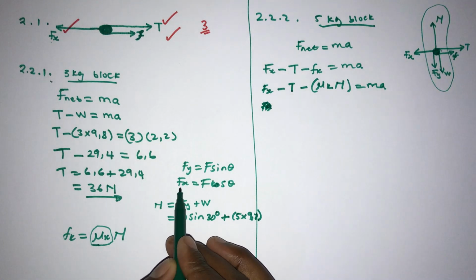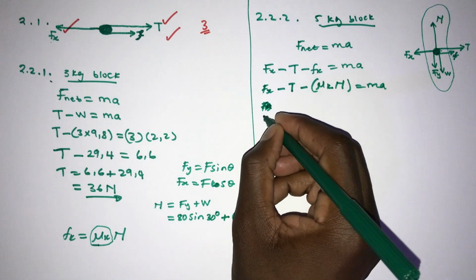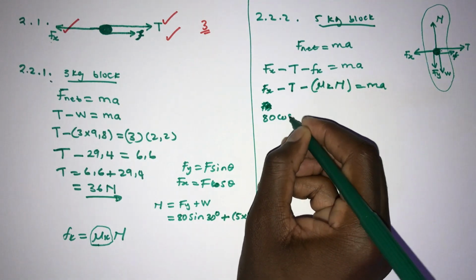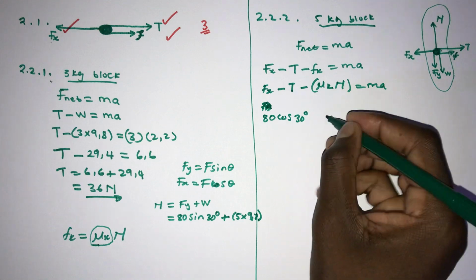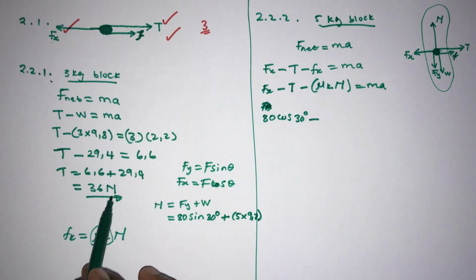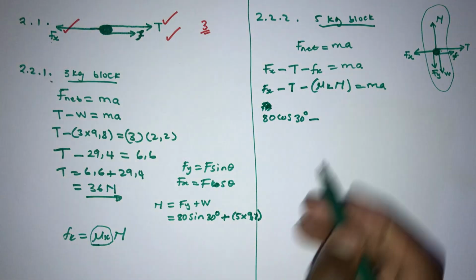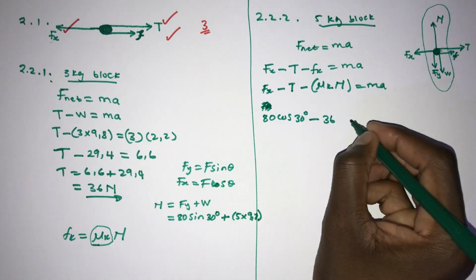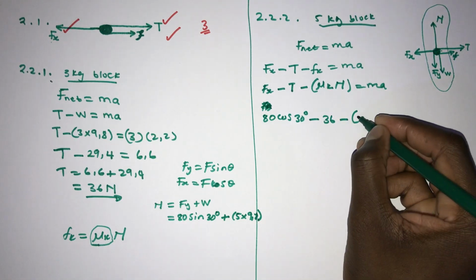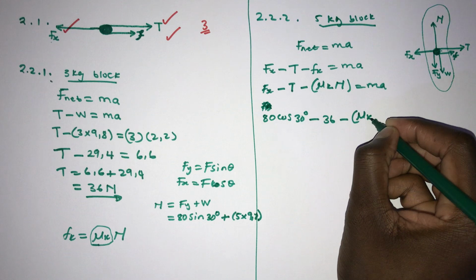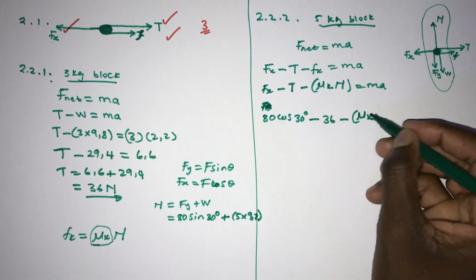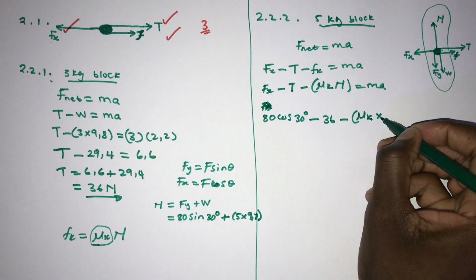Since Fx is F cos theta, F as 80 cos 30, the given angle, minus the tension that we already calculated as 36, so we just put 36 minus the coefficient of kinetic friction, then let's multiply.